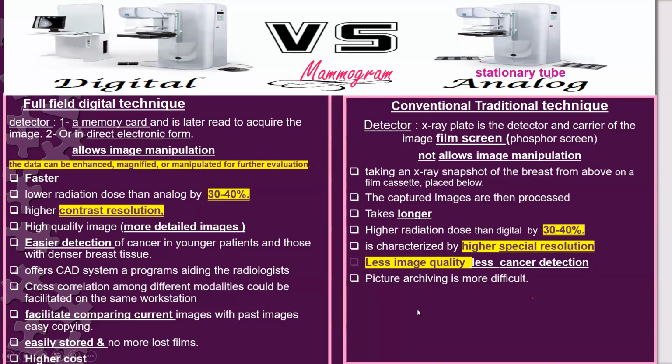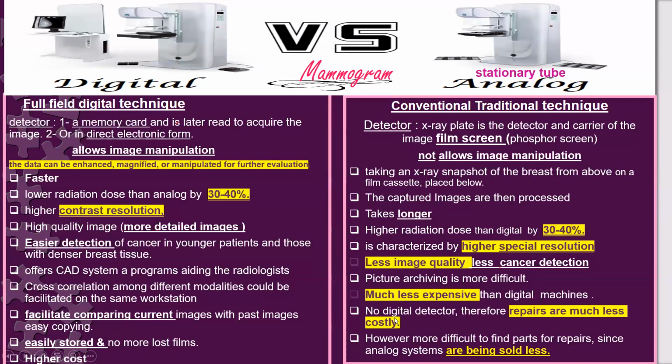However, the digital system definitely has a high cost compared to the much less expensive analog system, because there are no digital detectors, and the repair will also be much less costly. But because the analog system is no longer sold or available in the market, it is now difficult to find spare parts.